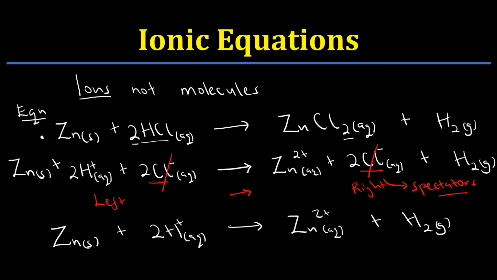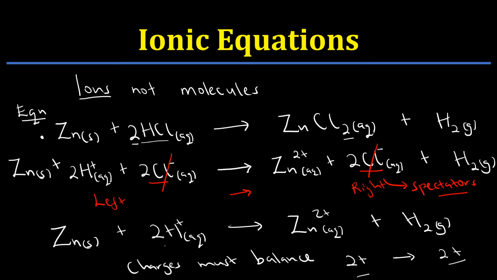However, one thing to note is that the charges must be the same on both sides. So the charges must balance. If you are to look at the left hand side of the arrow, you realize that you have a 2 plus, 2 charges or 2 positive charges. At the same time, also on the right hand side, we shall be having 2 positive charges.